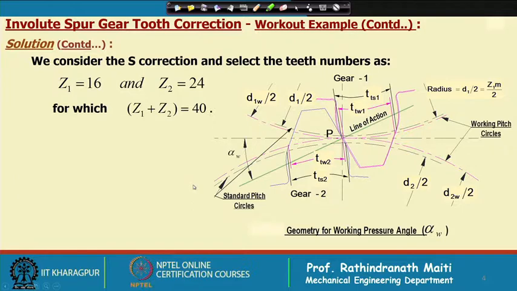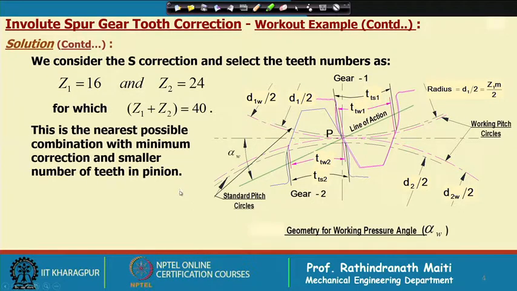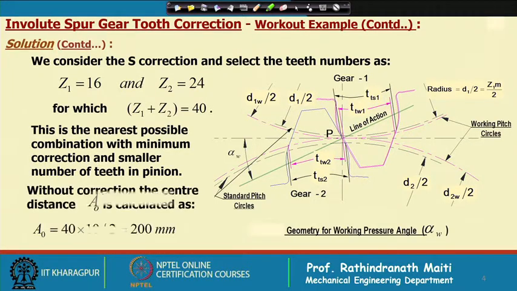Now, with 40 teeth, if we do not give any correction, then the center distance will become 200 millimeter, because 40 into 10, the module, divided by 2 is equal to 200 millimeter. So, what is the way?